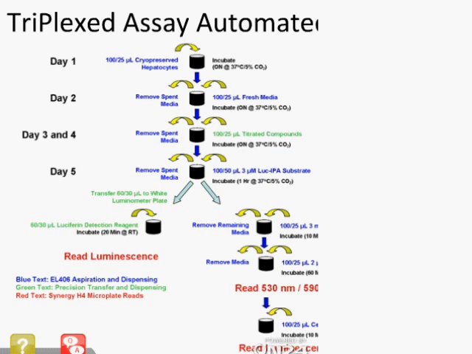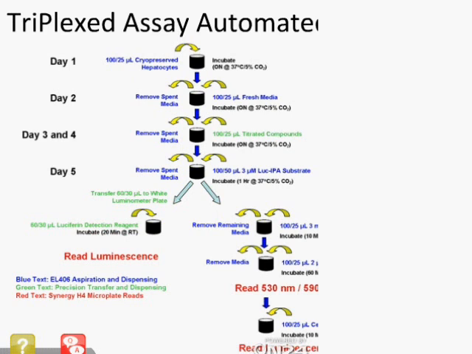This facilitates the ability to remove a portion of that media after the incubation time to a separate plate, followed by the addition of an equal volume of the detection reagent, and then the luminescent signal is quantified, which is proportional to the activity of the CYP3A4 enzyme in that well.